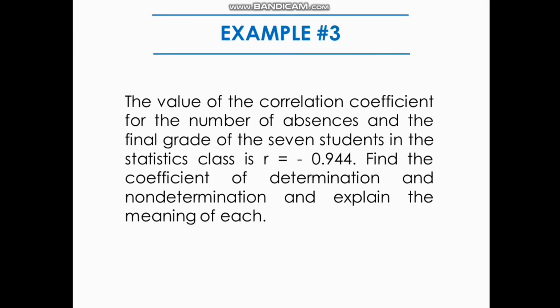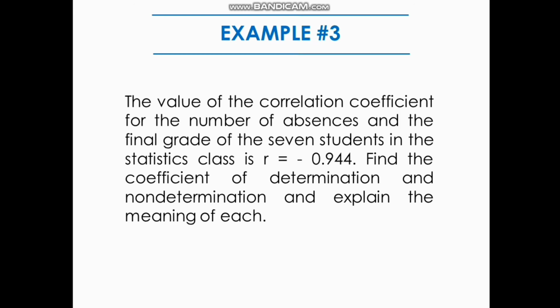Next, for our example number 3, the question is, the value of the correlation coefficient for the number of absences and the final grade of the 7 students in the statistics class is r is equal to negative 0.944. Find the coefficient of determination and non-determination and explain the meaning of each.